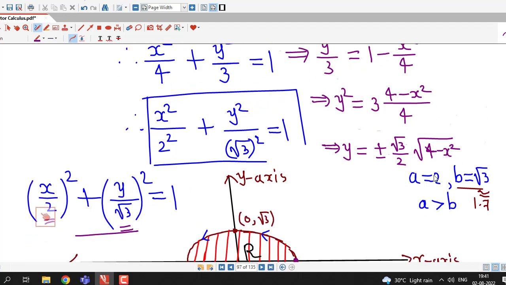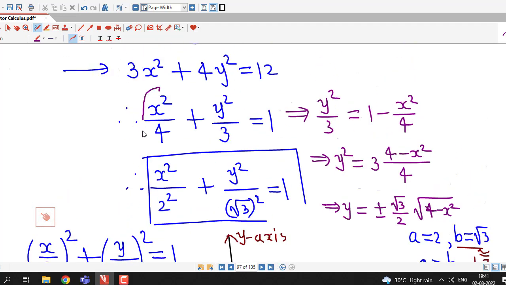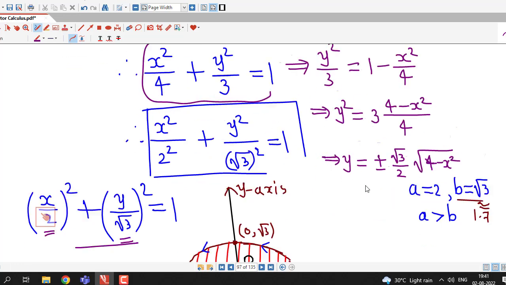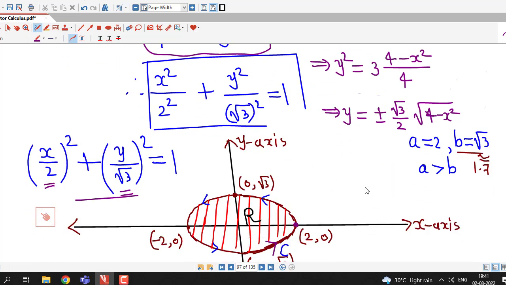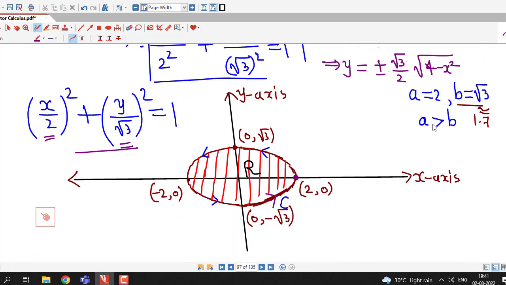So we have rewritten equation of ellipse in another form, and from this we find that y has two values, root 3 by 2 square root of 4 minus x square and negative of this value.